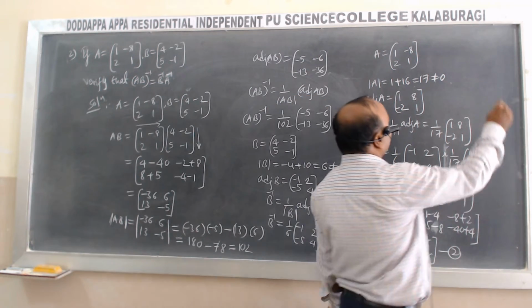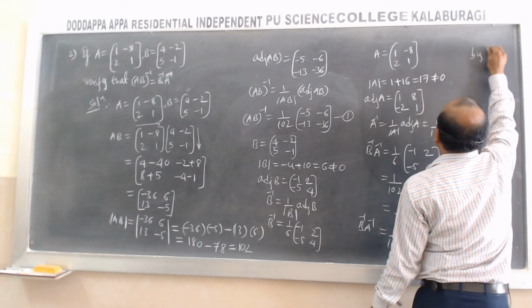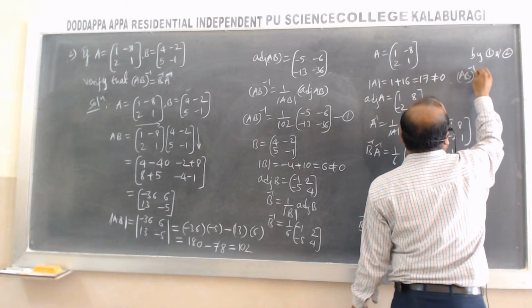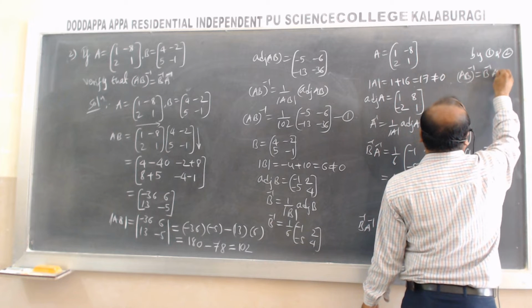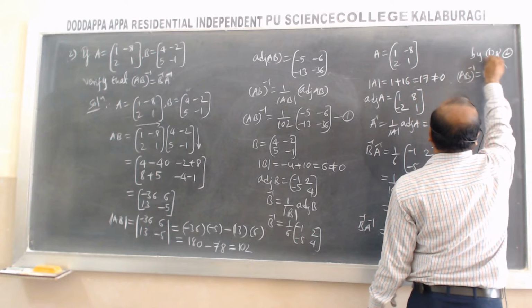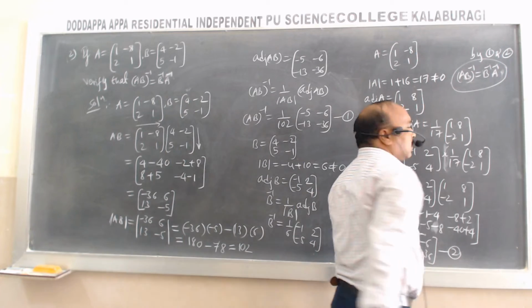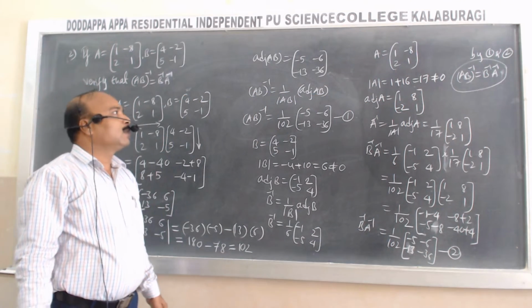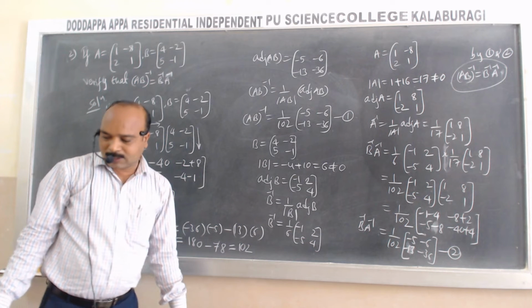Therefore we conclude that by 1 and 2 we write AB whole inverse equal to B inverse into A inverse. So this is proof of the result and verification of that result by using the inverse of the square matrix.